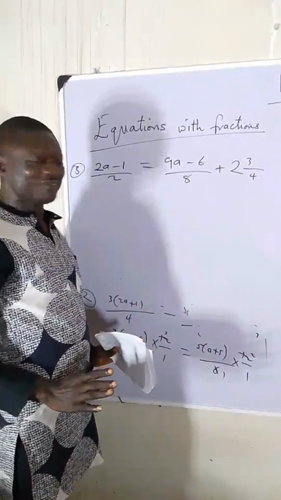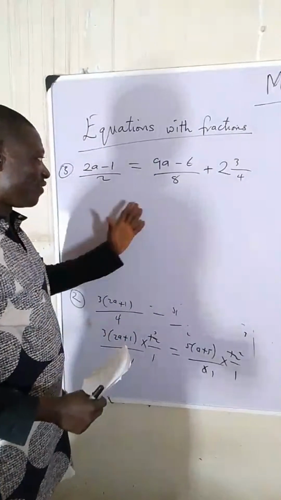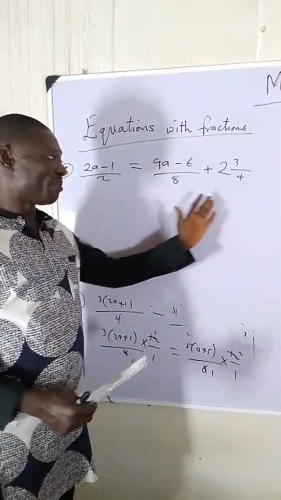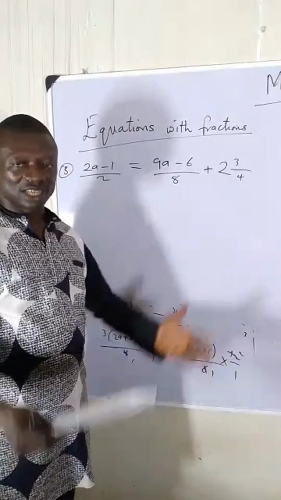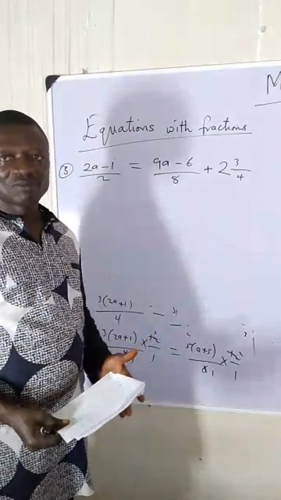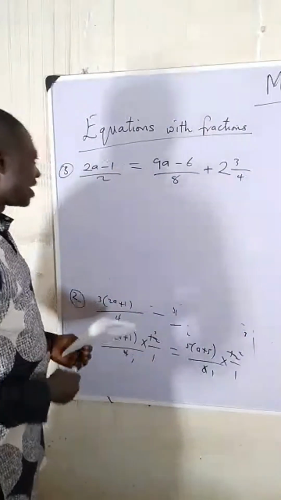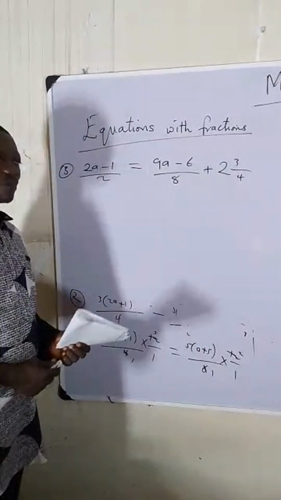When you add them, then you can now cross multiply. Remember, it is not very efficient when we have numbers that appear this way. The strength of the question is higher here. So let us now insist on using the LCM method.